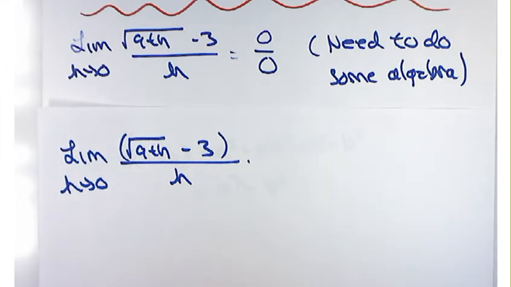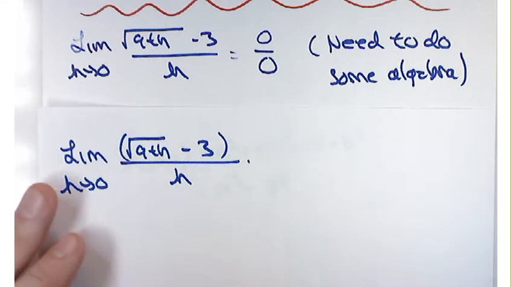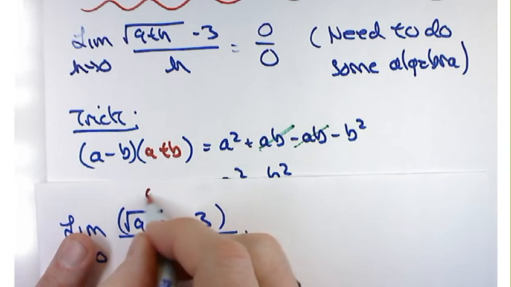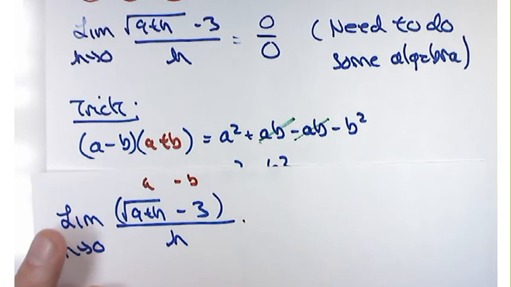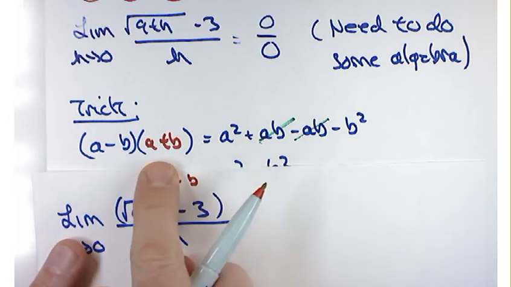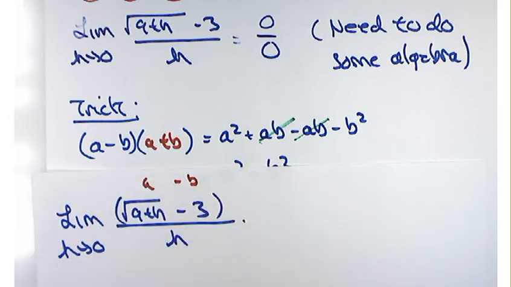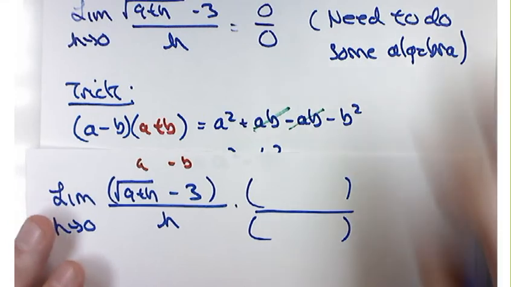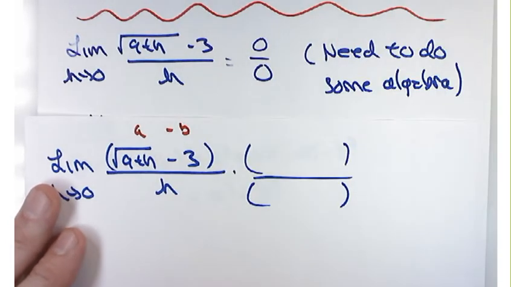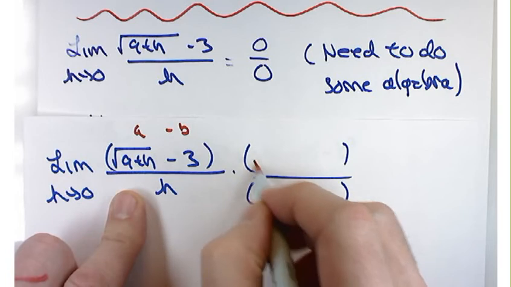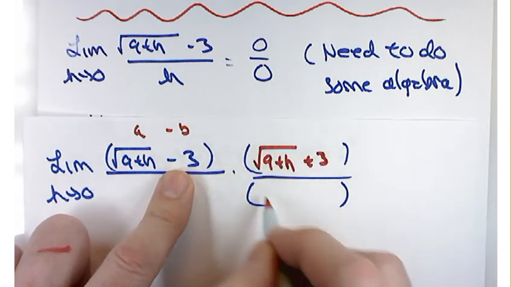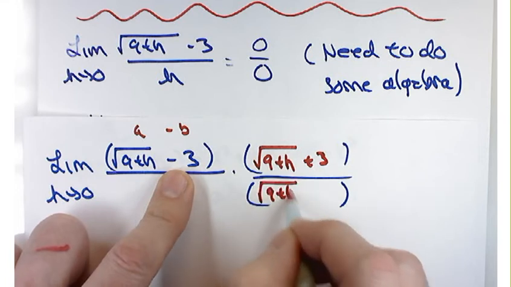The question is, what form of 1 am I going to use? And the answer goes back to our trick. I'm going to look at this as being a minus b. And if I multiply by a plus b, nice things are going to happen. So what would a plus b look like over here? It's going to have to be the same for the numerator as it is in the denominator. So it's going to be the square root of 9 plus h plus 3 in both the numerator and denominator.